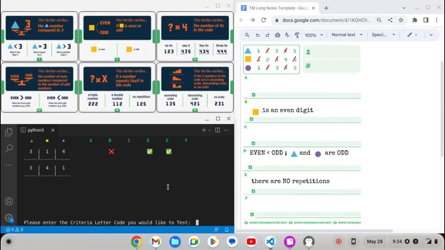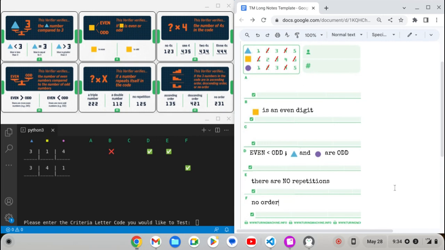Okay, so the first thing I'd like to figure out is whether there is order or no order. So let me go ahead and test criteria card F. Okay, so the Turing machine confirms that there should be no order. So I'm going to write that down in my notes. So there is no order.